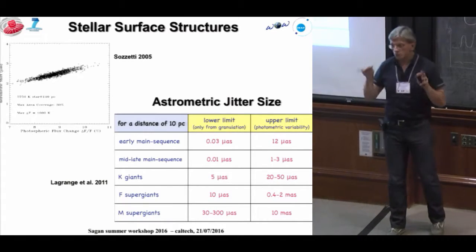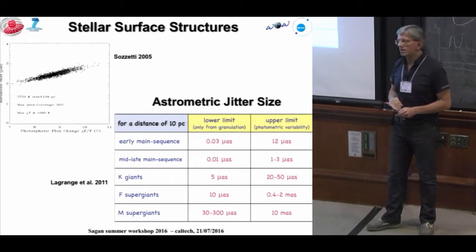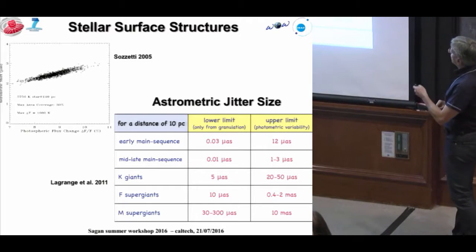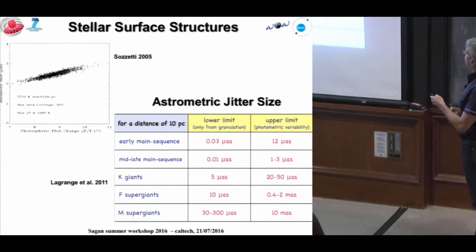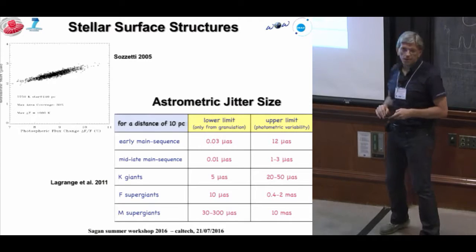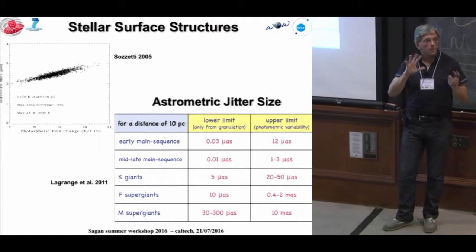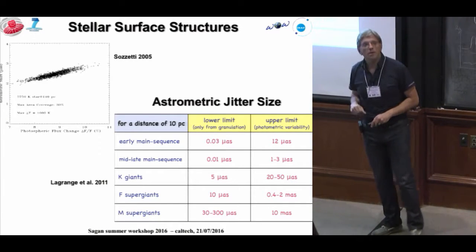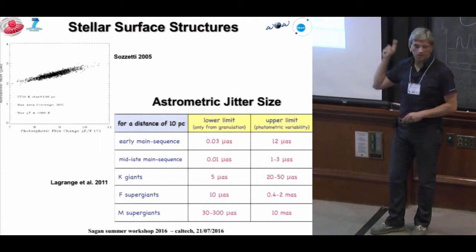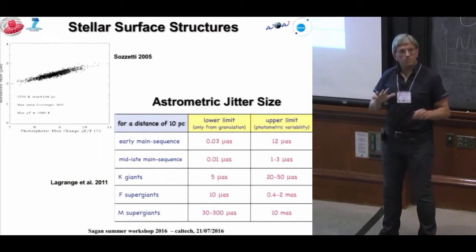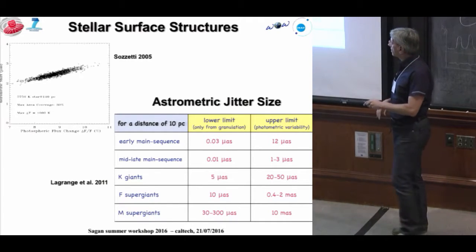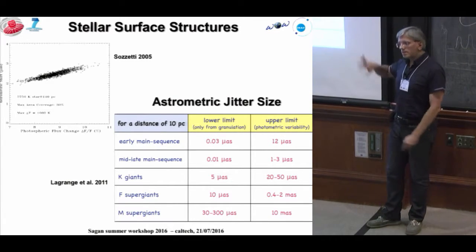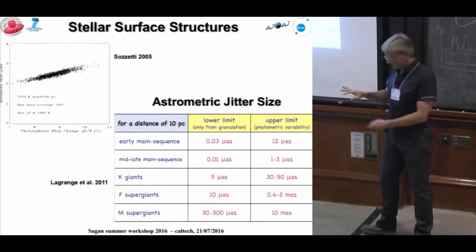For Gaia type measurements, the star is not the limit. There are other issues, as I've shown before. Typically, for main sequence stars in the neighborhood of the sun, we are in the ballpark of 1 microarcsecond level of disturbances. So if you are 20 times more accurate than Gaia, then this is becoming a problem. If you're not, this is not a big deal. If you're looking at binary companions around very large guys, this is a potential issue, but we'll not get into that.